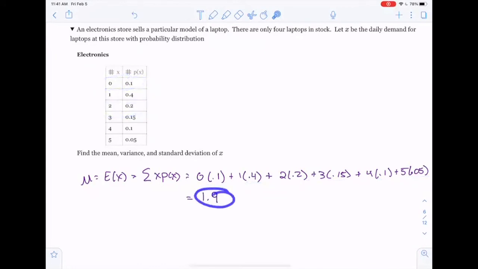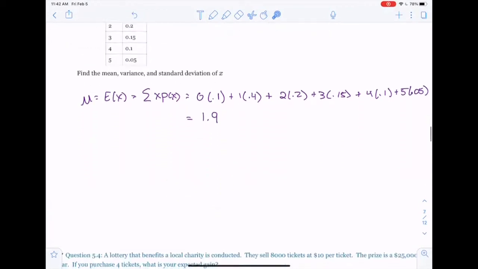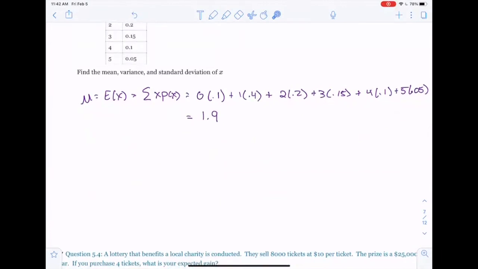So this is going to be the mean or the expected daily demand for laptops in the store. And so, for example, if the store only has 4 laptops, we are pretty certain that the store will be able to meet the demand, that it's very unlikely that in a given day, someone's going to want 4 or more laptops, right? Let's look at finding the variance.